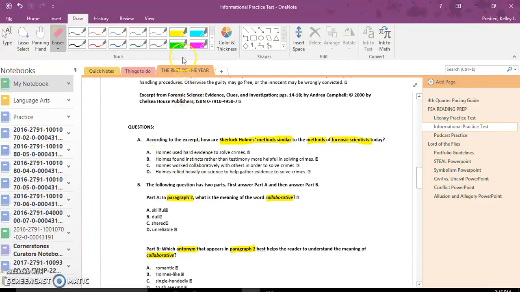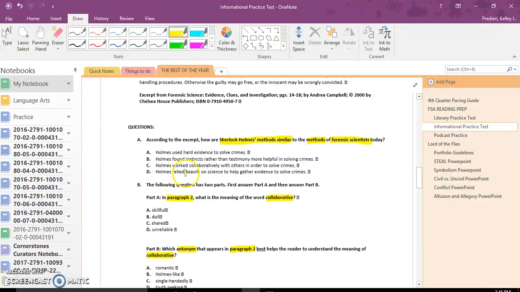Holmes found instincts rather than testimony. Has nothing to do with instincts in testimony, and that's definitely not what people today use. Holmes worked collaboratively with others in order to solve crimes. Not quite true about Holmes. Holmes relied heavily on science to help gather evidence for crimes.